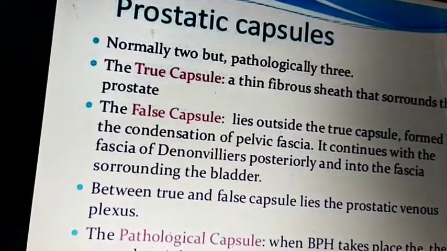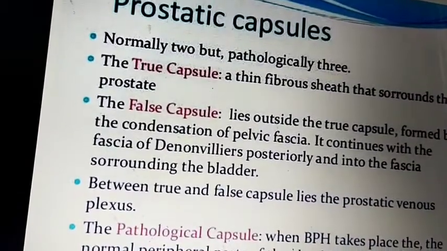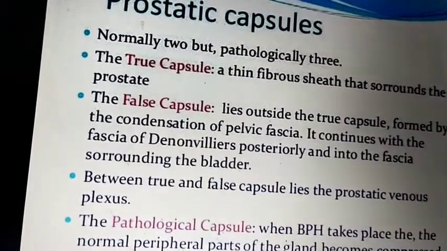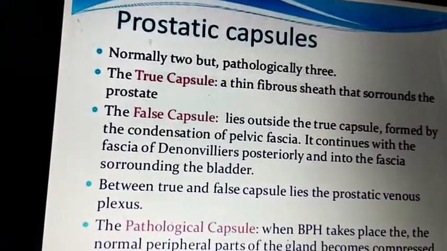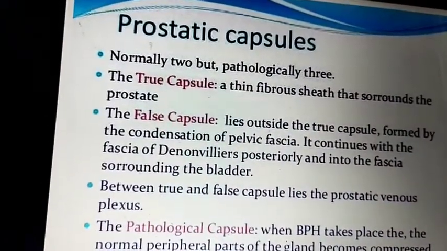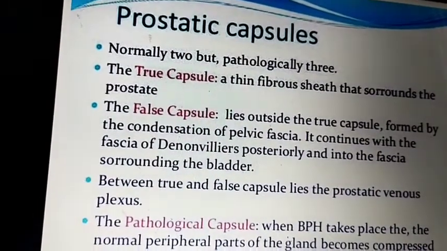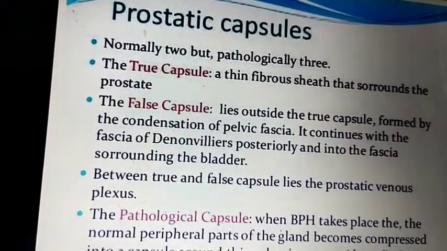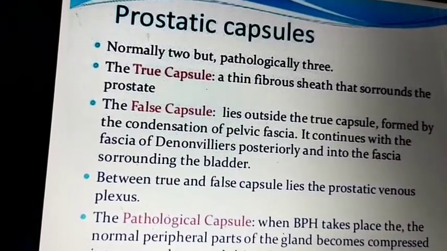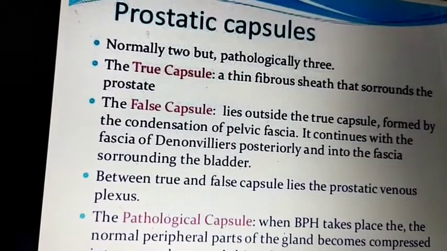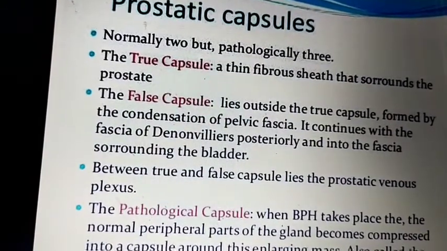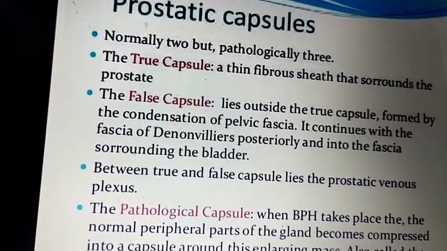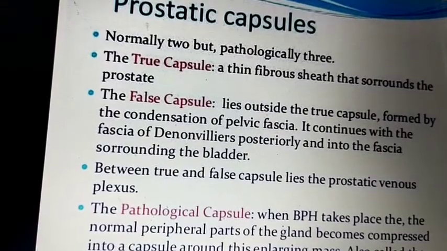The prostate has two capsules; normally two, but pathologically there are three. The true capsule is a thin fibrous sheath that surrounds the prostate, and the false capsule lies outside the true capsule and is formed by the condensation of pelvic fascia. It continues with the fascia of Denonvilliers posteriorly and into the fascia surrounding the bladder.